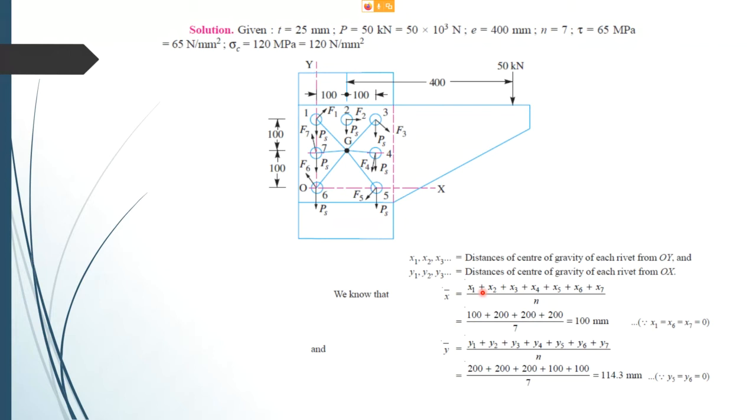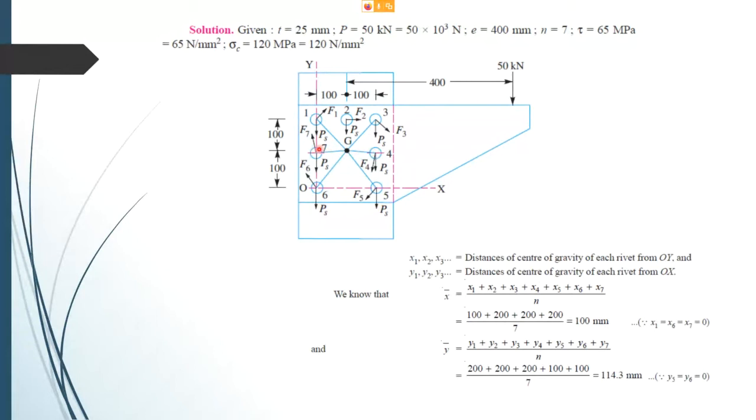Of course, you need to know what X1 is. How to measure X1? From the center of rivet 1 to the Y-axis, this should be 0. From the center of rivet 2 to the Y-axis, this should be 100. From rivet 3 to the Y-axis, 200.